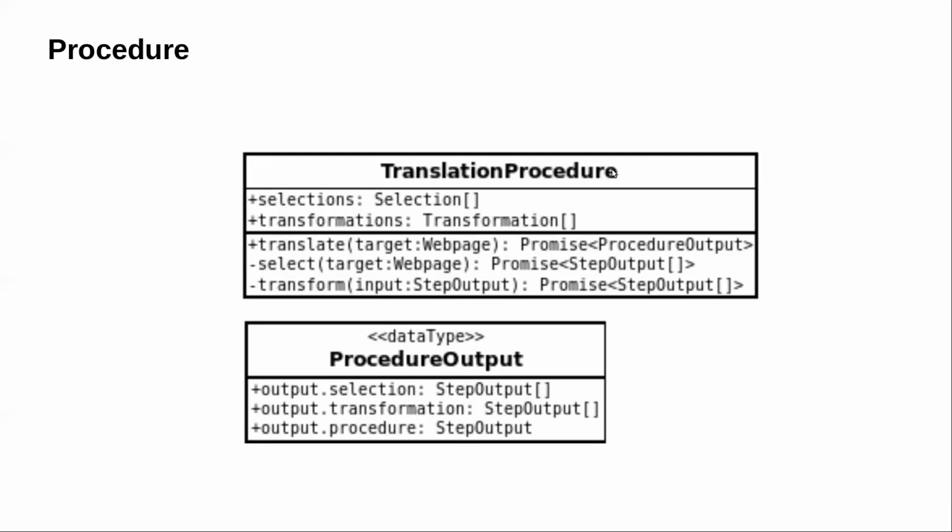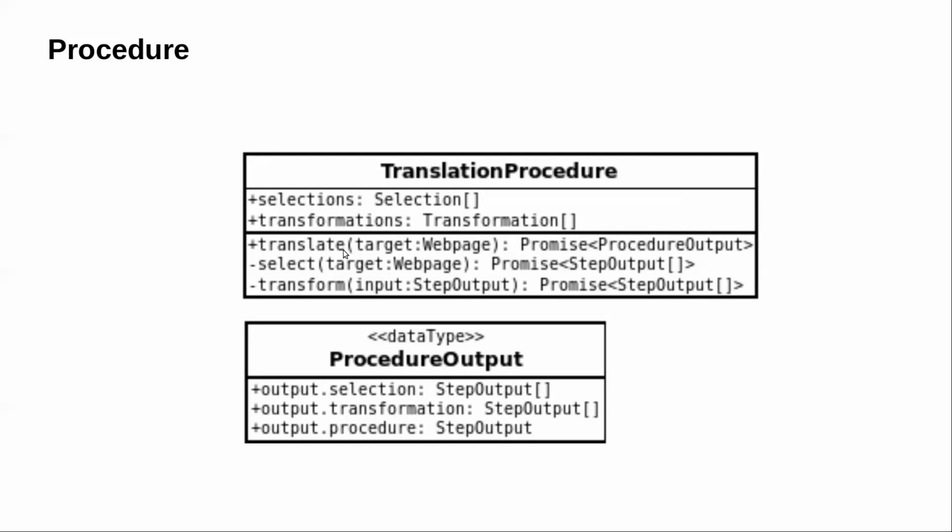And the translation procedure has a translate method that if you give it a web page, it is going to return a procedure output. And the most important property of this procedure output is a step output, which is actually the result of having applied the selection steps and then the series of transformation steps. Then you get a procedure output.